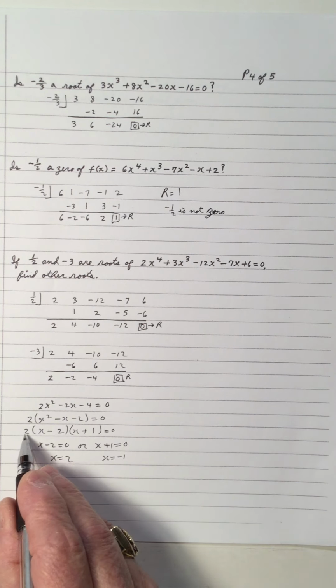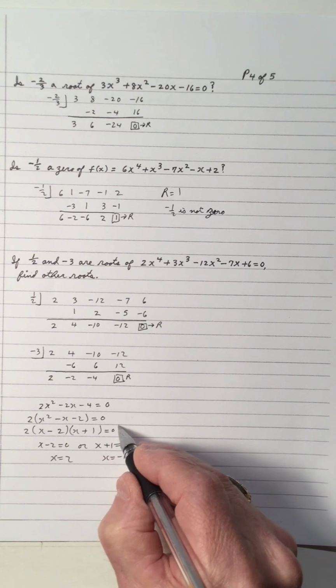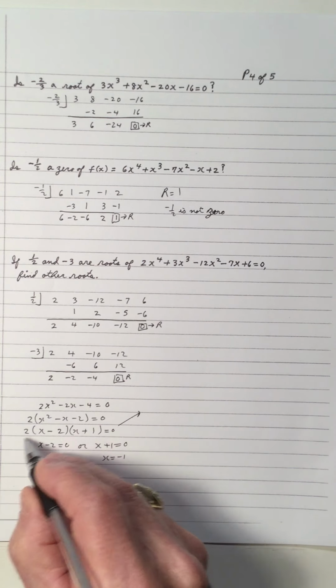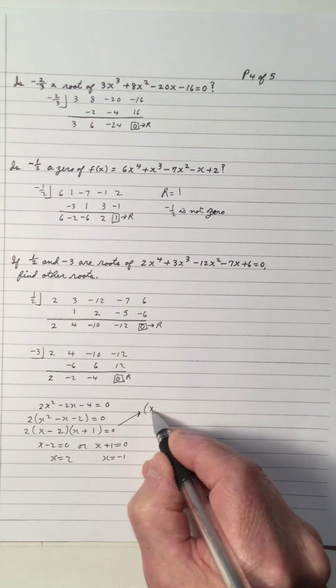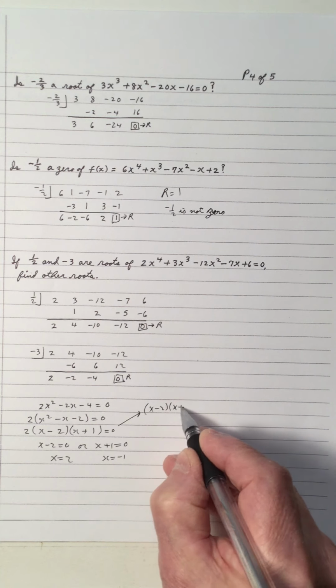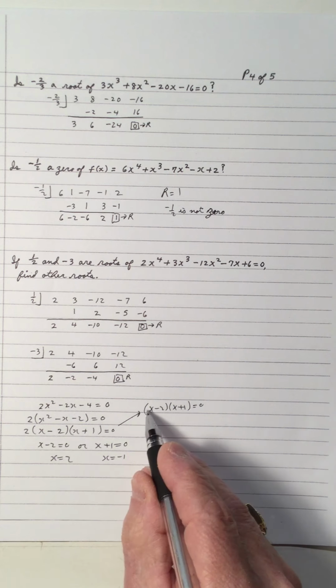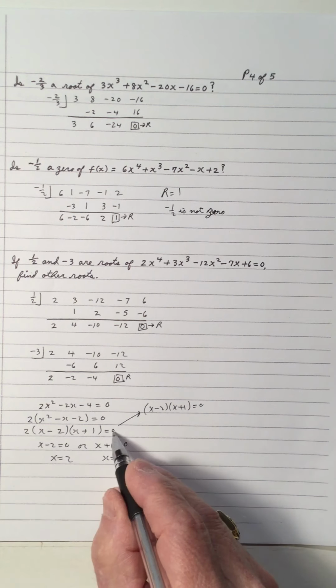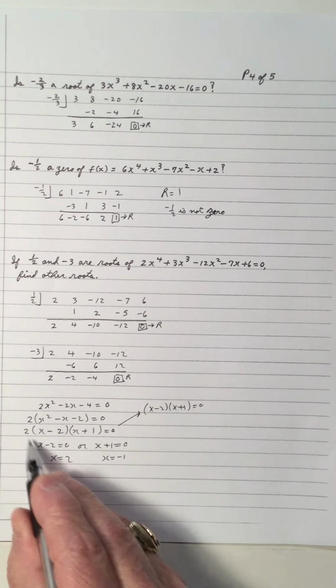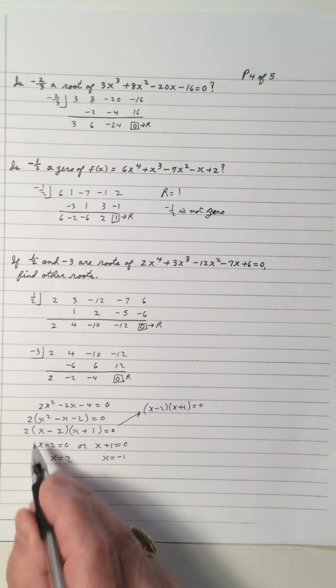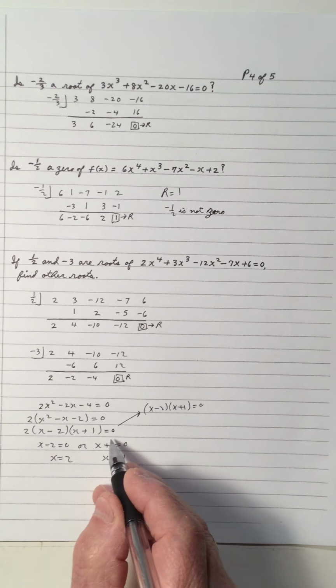Notice we can't say 2 is a constant root. If you want, you could divide by 2 and get x minus 2 times x plus 1 equals 0. 0 divided by 2 is 0, so the 2 cancels out. So you can leave the 2 there and just work on these two factors. You don't say 2 equals 0 because that's impossible.